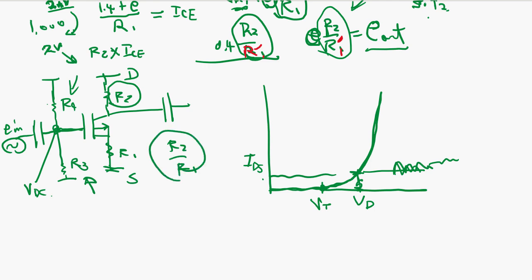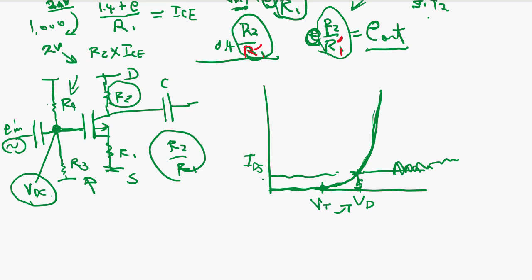The same theory goes. Okay, you have to be careful that when you set the operating point of this transistor, make sure it's above the threshold. So it's entirely the same, but this is the voltage squared.